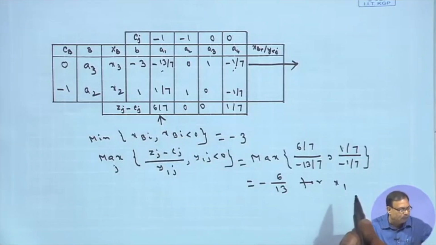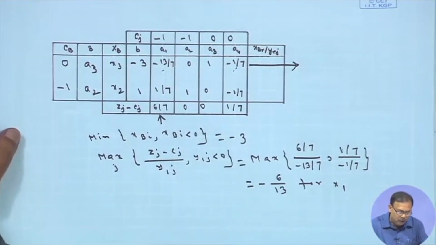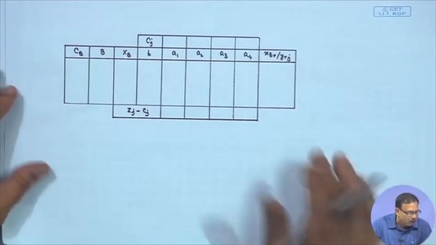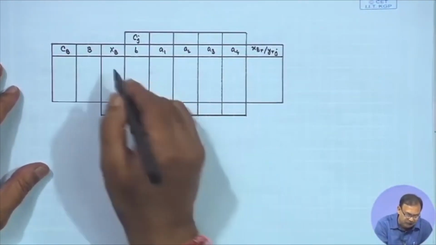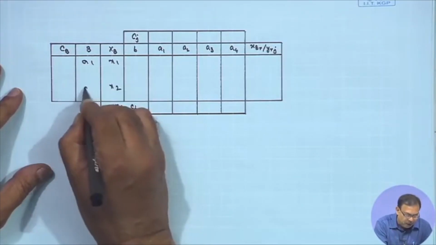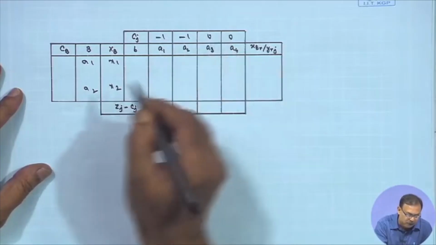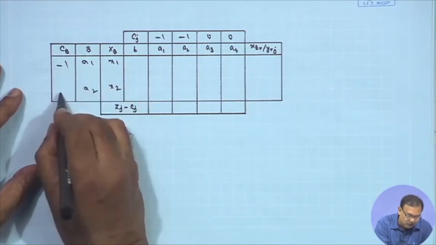Once you obtain this, let us go to the next table, where x 3 will be replaced by x 1. So, you will have x 1, x 2 here, a 1, a 2 here, minus 1 0 0, and these two values are minus 1 and minus 1.